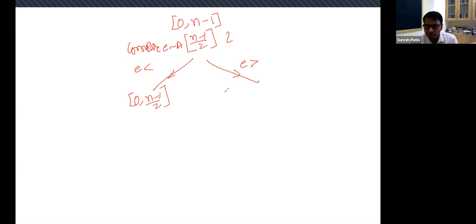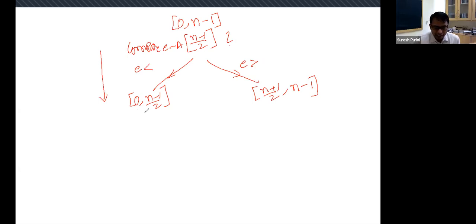Yes or no? And if E is greater than, then it is n plus 1 by 2 to n minus 1. So what is an important observation? While going from here to here, what is the size of the interval? The size of the interval got reduced by half.